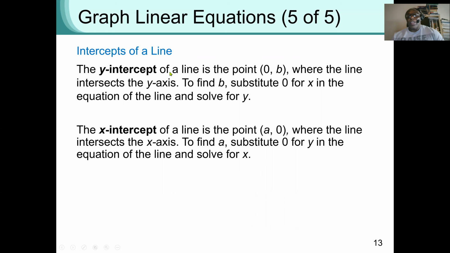So the y-intercept of a line is the point where x is 0, and then b can be any value. The same thing applies to the x-intercept. X-intercept means the line will cross through the x-axis, which means the y value has to be 0. So with the x-intercept, we have a, and a can be any value, which is the x value, but y will always be 0.